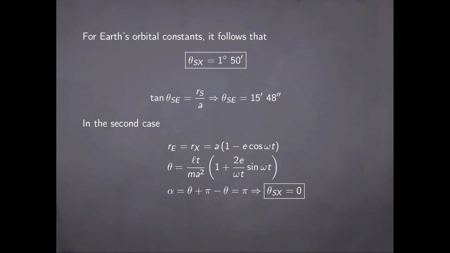So in this particular case, the planet X is always hidden behind the Sun and is not visible from Earth.